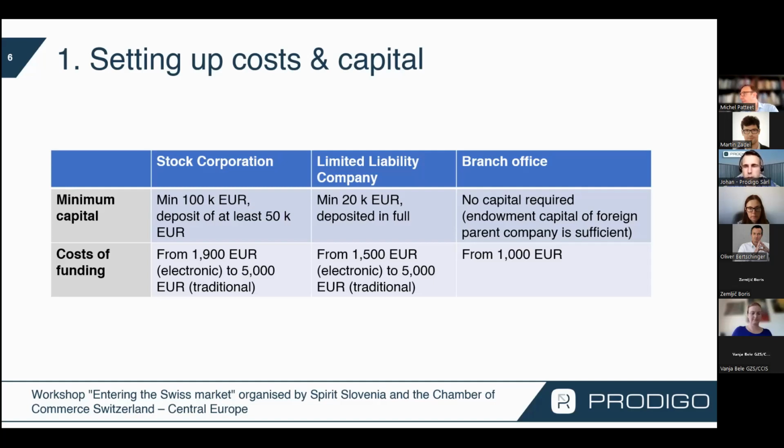Concerning the cost of setting up a company, they are a little bit higher for stock corporation and LLC companies because it requires to go through a notary. And in Switzerland, as everywhere, notary are quite expensive.